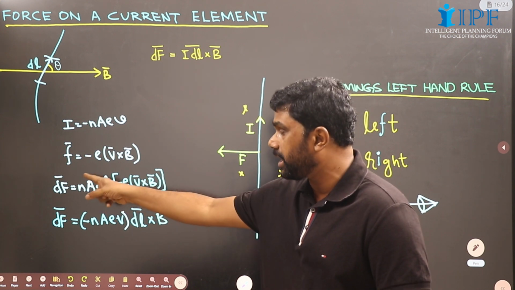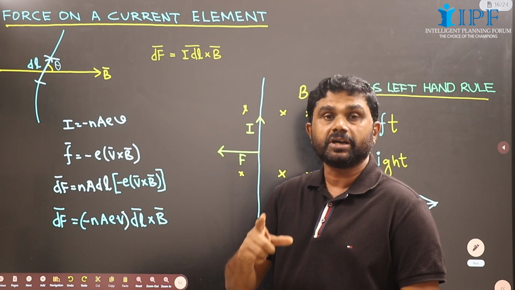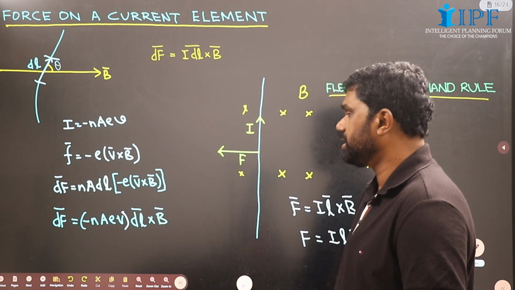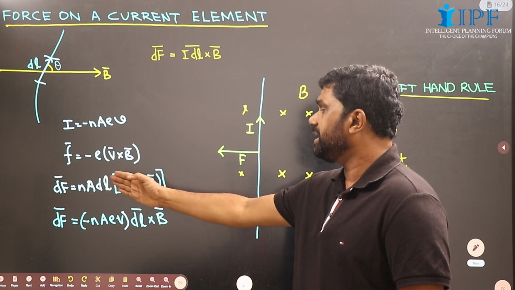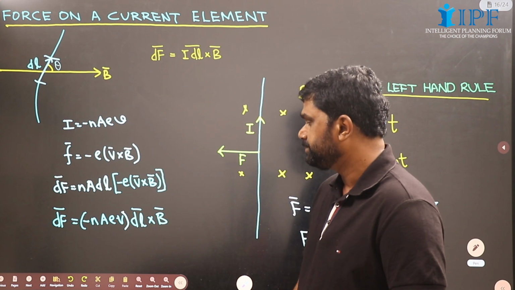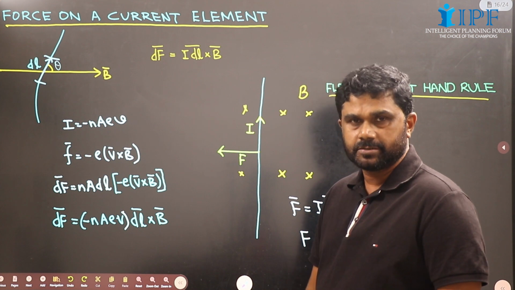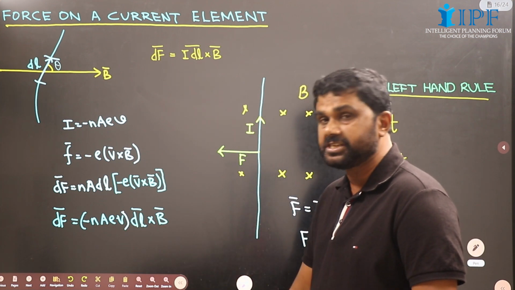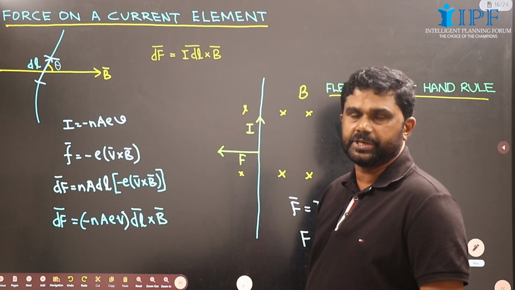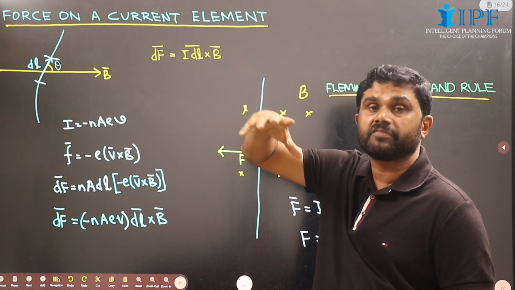Okay, so this is the total force on all the electrons in that element, or the magnetic force on that element. Okay, and dF we can write nA dl times minus e v cross B. I have rearranged certain factors like this. I have minus nAev and dl cross B outside. Okay, the quantity inside the bracket is nothing but the current. So I can write dF equal to I dl cross B. Okay, I dl cross B. This is the force on each element of length dl.